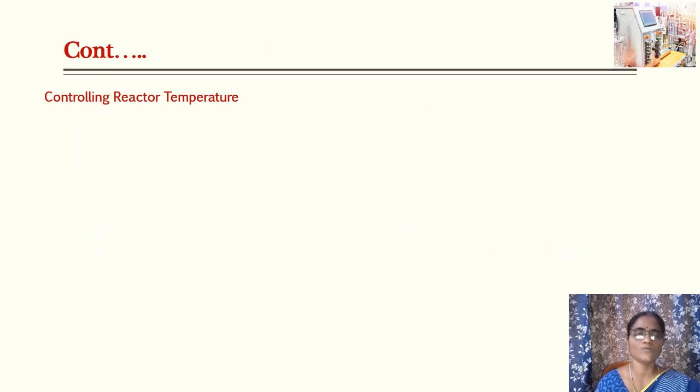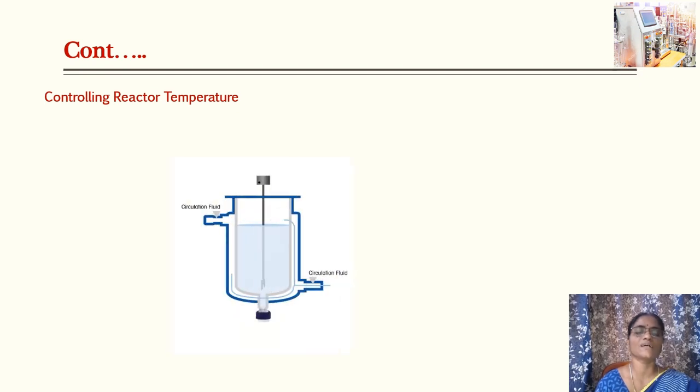Now we can see one more example, how we control the reactor temperature. Assume there is a continuous stirred tank reactor. In that reactor, we want to maintain our process temperature as constant, because some reactions will be carried out at constant temperature only.